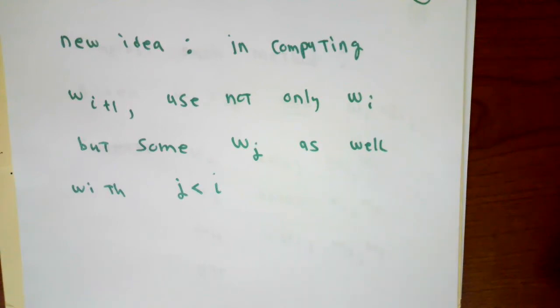Why not have a method that isn't just going from one time value to another using information at the starting time value? Why not use multiple values that you have previously obtained? These sort of methods are called multi-step methods. I want to talk about the simplest of all possible multi-step methods.